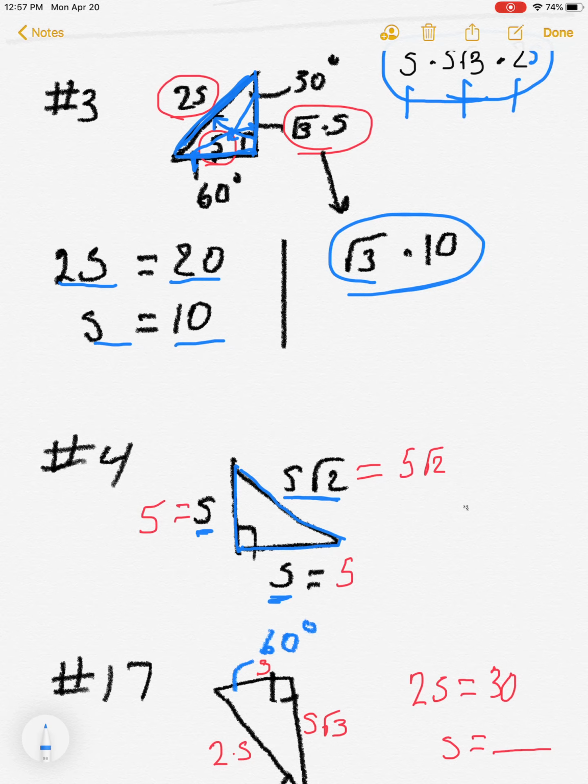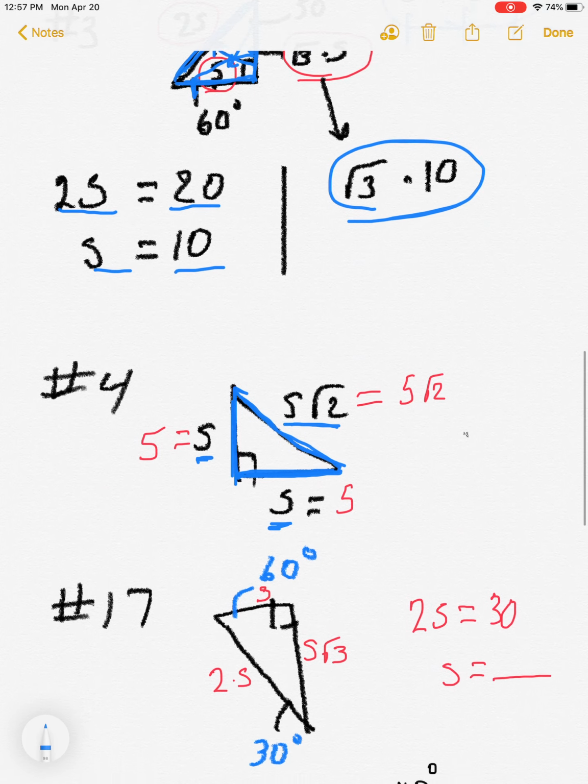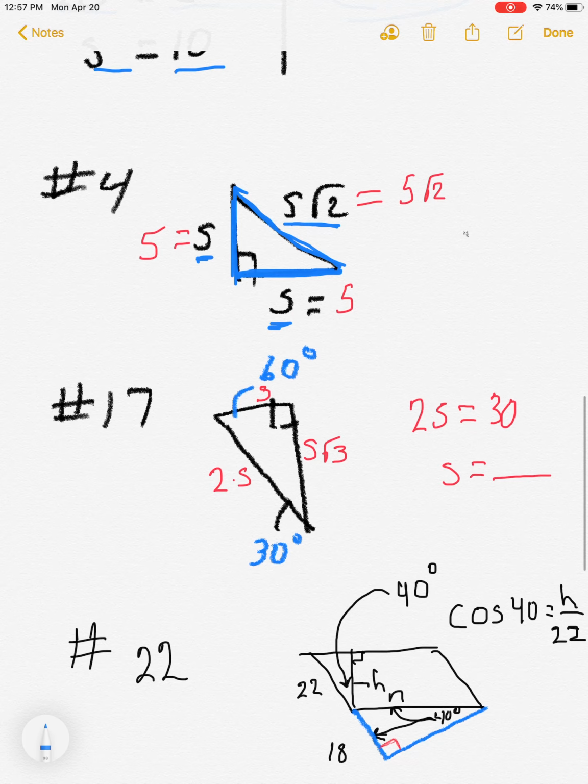So in problem number 4, I noticed that the dimension across from the 45 is 5. So this is a 5, 5, 5 root of 2. That's your slant height, which becomes critical for finding perimeter, and the real height of 5 critical for finding area. Area, base times height, perimeter, the top, the bottom, the left, and the right, which were both slants.